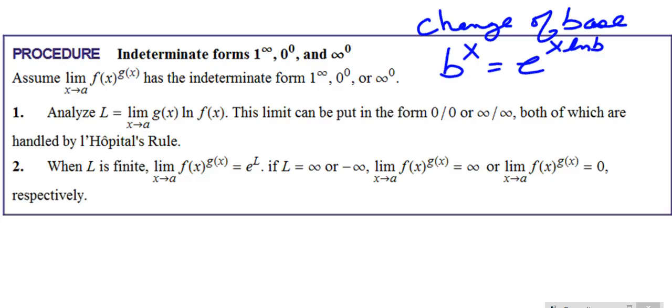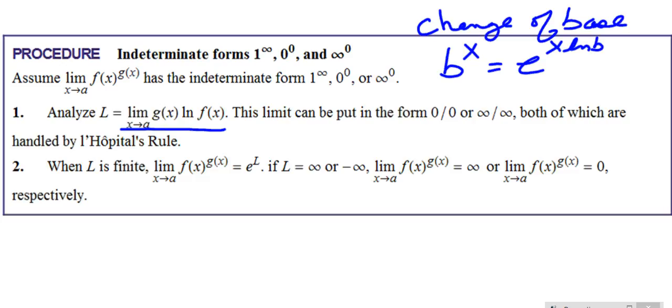So here we're going to analyze L, the limit of these two functions, where we took f of x raised to g of x and applied the logarithm, and we changed the base. This limit can then be put into the form of 0 over 0 or infinity over infinity, which can be handled by L'Hopital's rule.